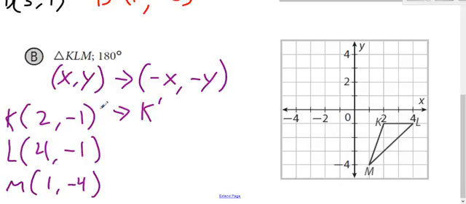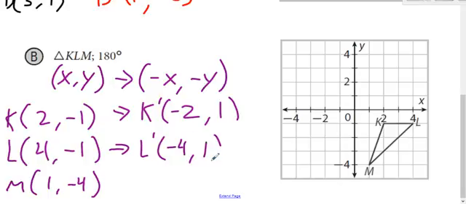So when we apply the rule, they don't switch places. X stays first, Y stays second, but they do both change the sign. So +2 turns to -2, and the -1 turns to positive. For L prime, they both change signs. So it goes from -4, +1. And M prime, sign changes, -1, +4.